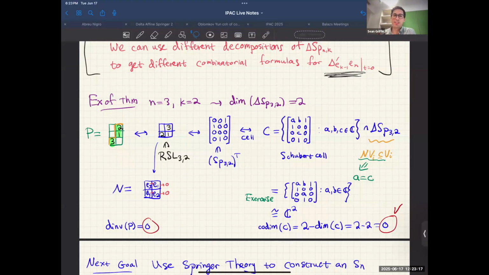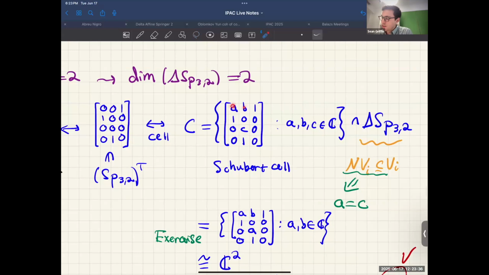Yeah, so the particular Schubert cells are chosen so that the other condition, the kernel being in Vn, is always true. So you can see that no matter what A, B, and C are, the span of these two vectors is the kernel. So when you do the equations, you don't even have to worry about that. I see.